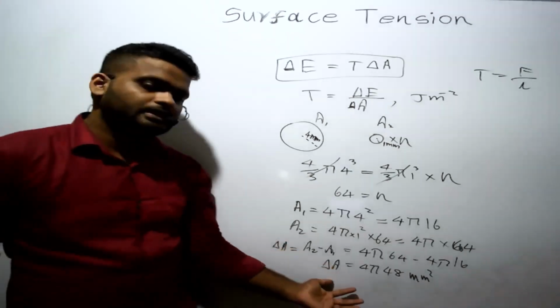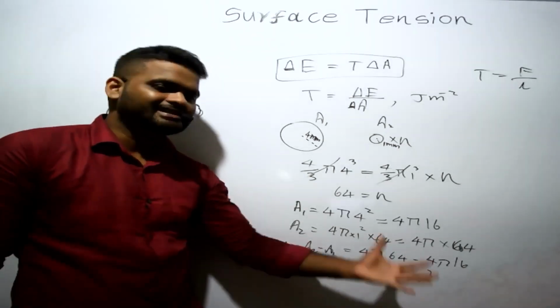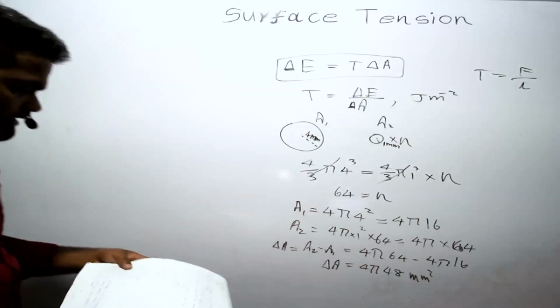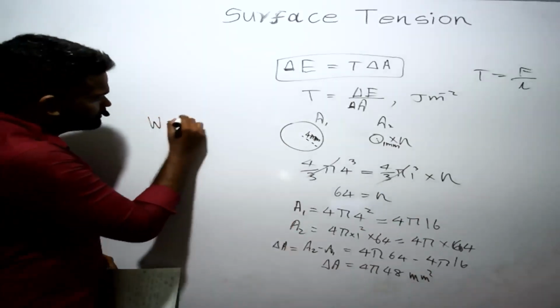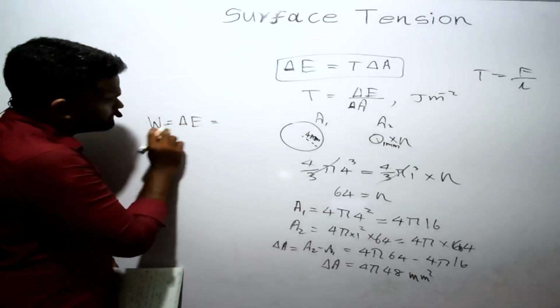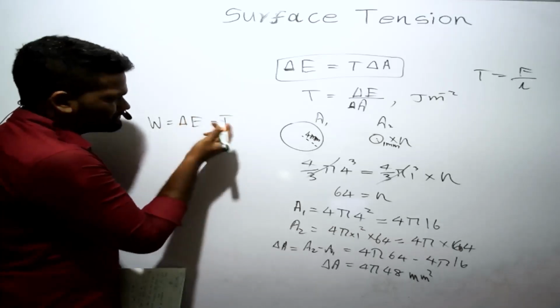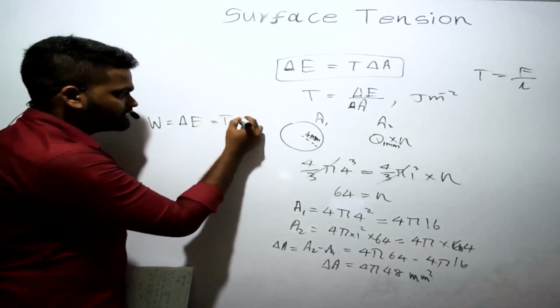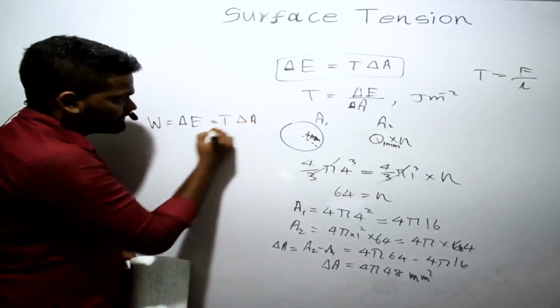So once you calculate the increase of area, then it is easy. Then what do you have to do? W equals T delta A, right?